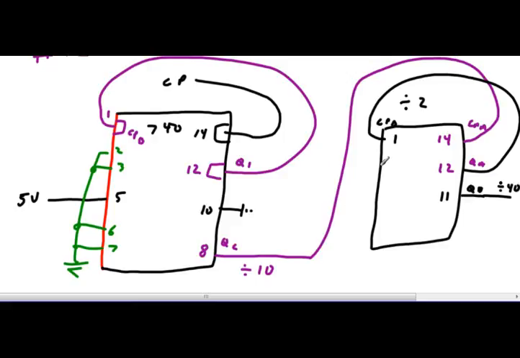I'm going to hook up power to pin 5, and I'm going to hook up ground to pin 10. And then my control circuits, R0 and R0. I look on the front cover of my book for the 7492.